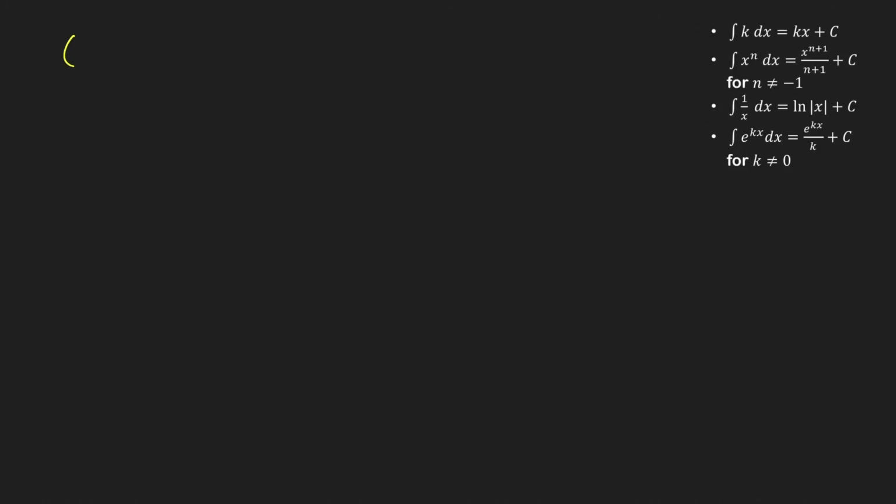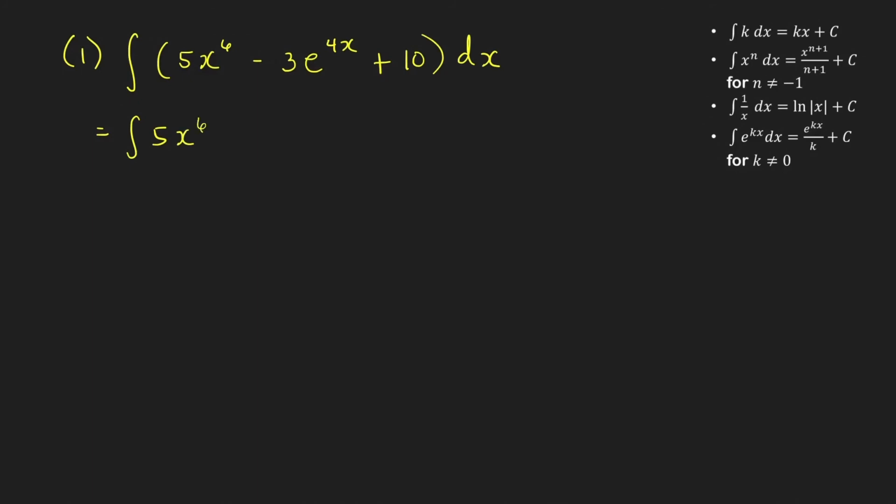First, let's evaluate the integral of 5x raised to 6, minus 3e raised to 4x, plus 10, dx. Applying the second property, the integral of a sum or difference is just equal to the sum or difference of integrals, so we get the integral of 5x raised to 6 dx, minus the integral of 3e raised to 4x dx, plus the integral of 10 dx.